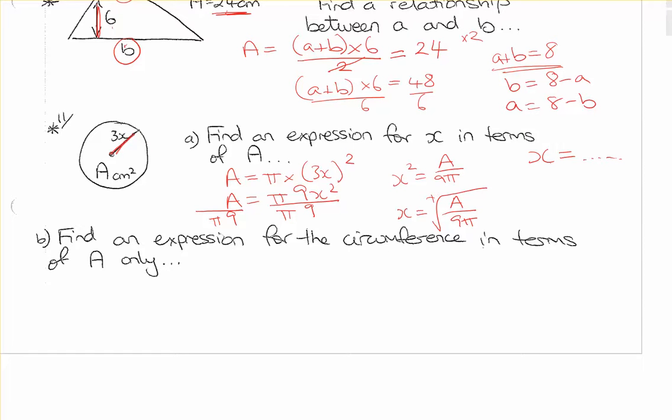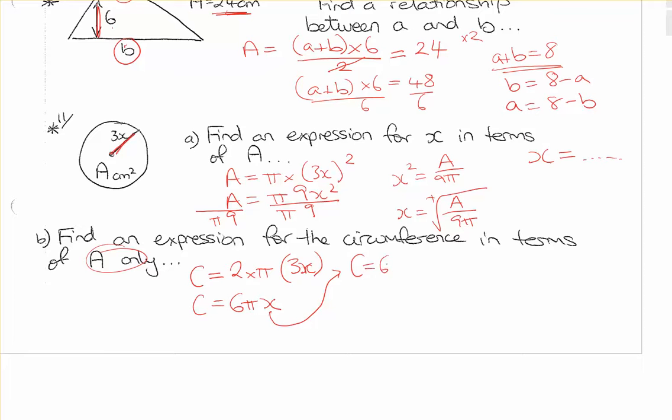An expression for the circumference in terms of a only. Right, so the circumference is 2 times pi times the radius, which in this case is 3x. Now unfortunately we want it in terms of a only, we don't want the x in there. So we need to do some substituting for x.